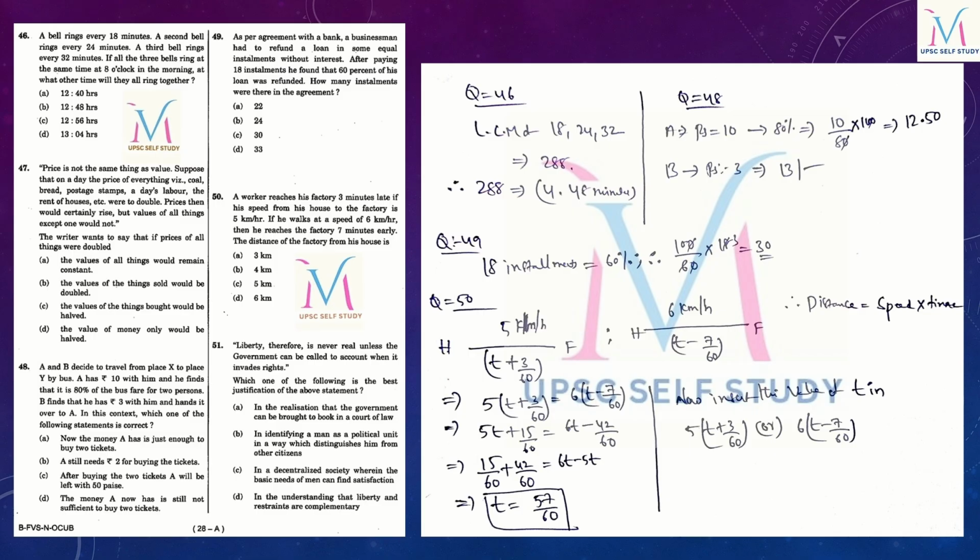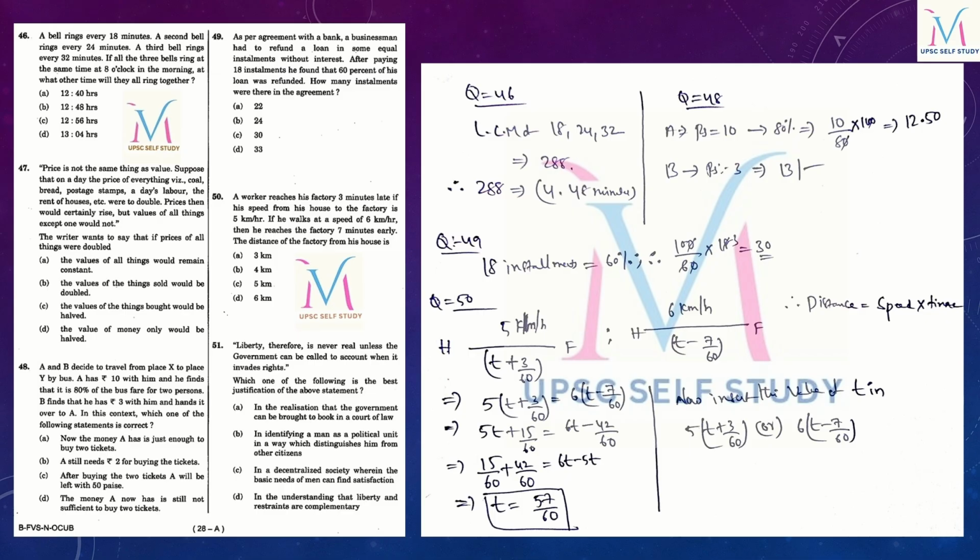In the question, all three bells ring at the same time at 8 o'clock in the morning. So they have already started ringing together at 8 o'clock. Now we have just found again at what time they will ring at the same time.